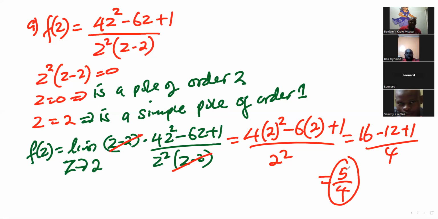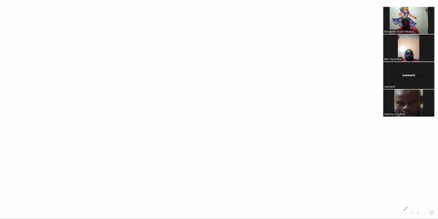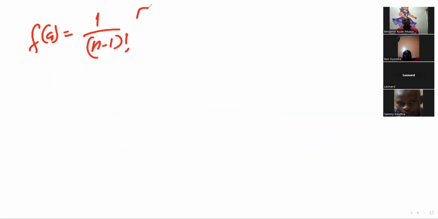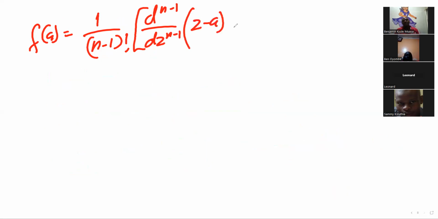Do you remember the formula for when it's not a simple pole? We wrote it. We said that the formula is the residue at a is equal to 1 over n minus 1 factorial, then d to the n minus 1 over dz to the n minus 1, of z minus a to the n times f(z), like that.